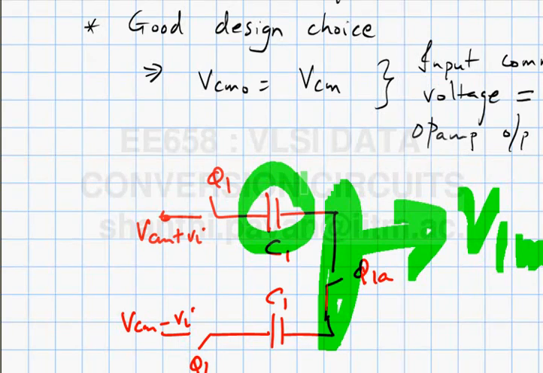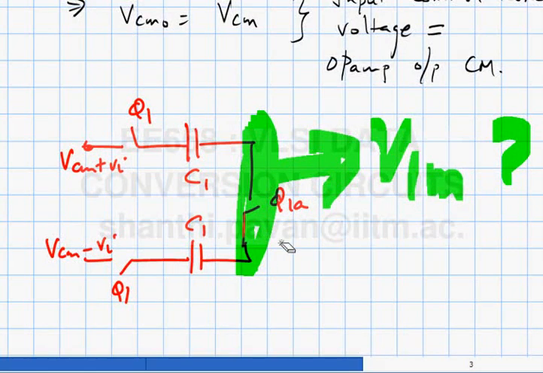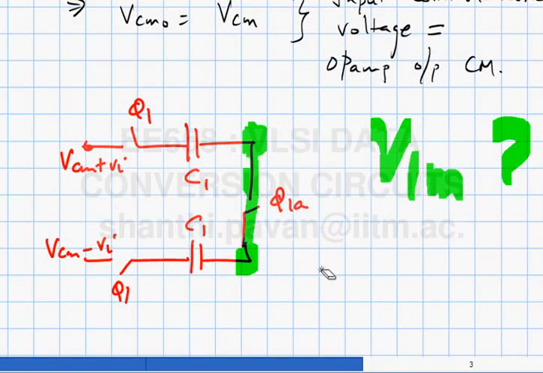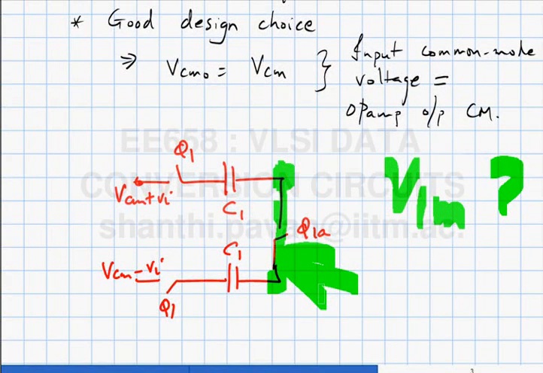So whenever you come across a situation where you cannot find the absolute potential at any node, you know that there is a problem of this nature. The absolute potential at this node cannot be figured out. That is the problem with this, which is why you need a voltage source there.